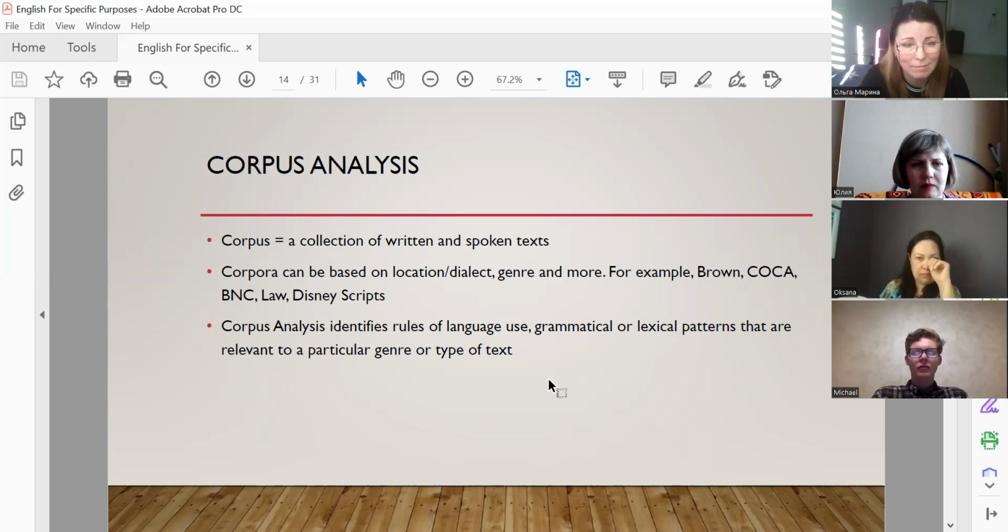Those are computerized collections of written and spoken text in a language, which can actually help you do your research. Corpus analysis identifies rules of language use, grammatical and lexical patterns that are relevant to a particular genre or type of text. So I might share some links to some different corpora online to see what it looks like.